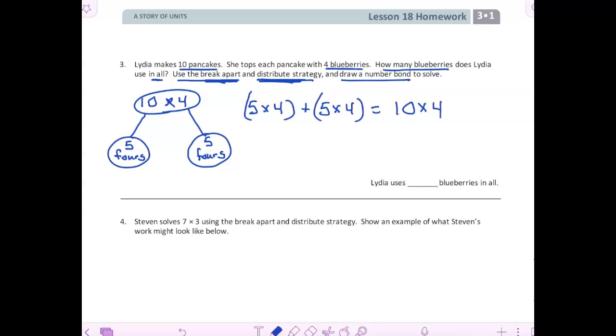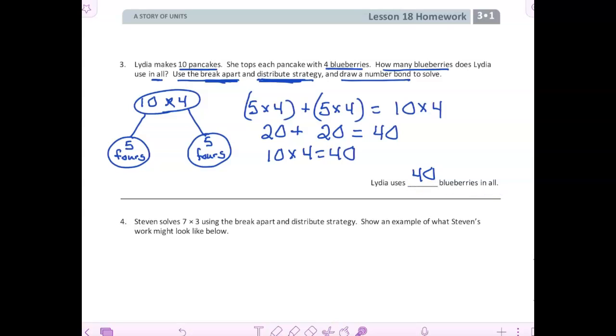Take a moment and write that down so when you do your problem set, you have a good example to follow. 5 times 4 is equal to 20, plus 5 times 4 is equal to 20. 20 plus 20 equals 40. So 10 times 4 equals 40. And my answer then is Lydia uses 40 blueberries in all.